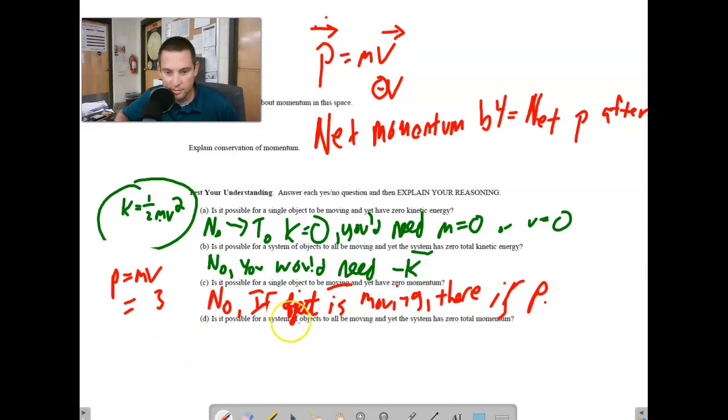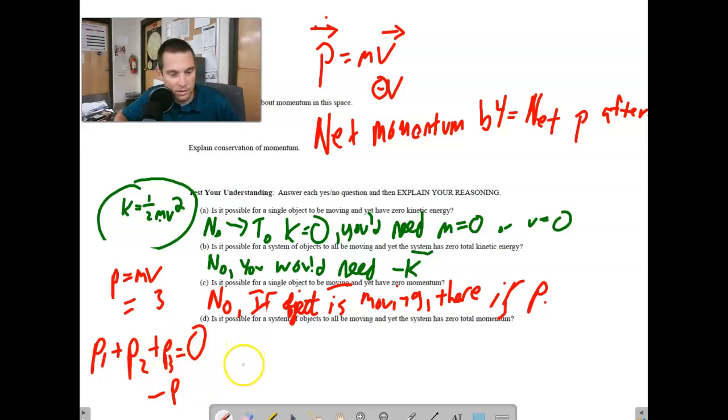Is it possible for a system of objects to be moving, and yet the system has a total momentum of 0? Zero total momentum. So that would mean we have multiple objects, P1 plus P2 plus P3, all of our objects, and the net momentum equals 0. Well, to have this situation, we would need to have a negative momentum at some point, somehow, some way.